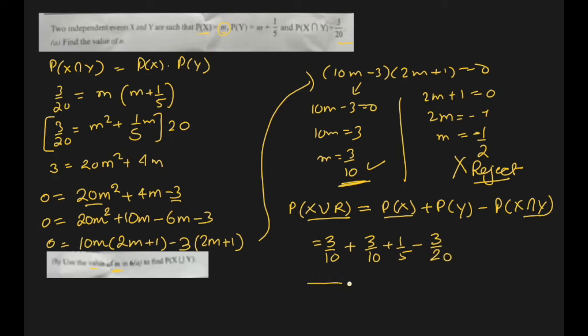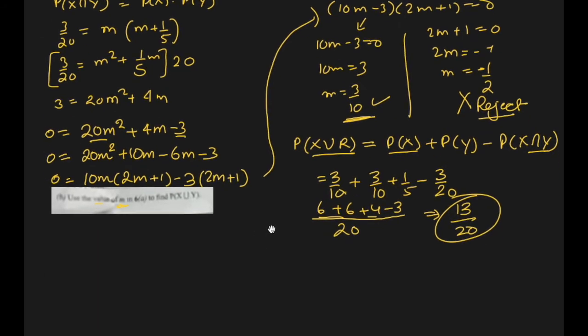Okay, so LCM is 20 again. So this will be times 2, 6, plus 6 times 4, plus 4, minus 3, which will be 12 plus 4, 16, minus 3, 13 over 20. That is X union Y.